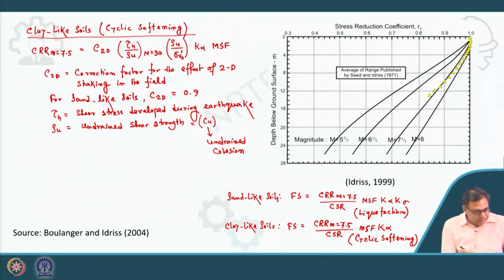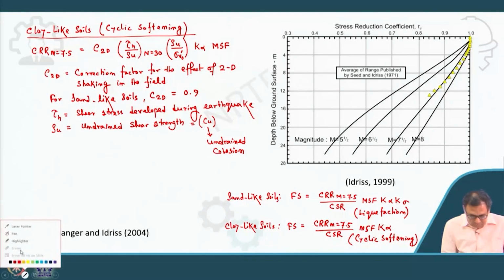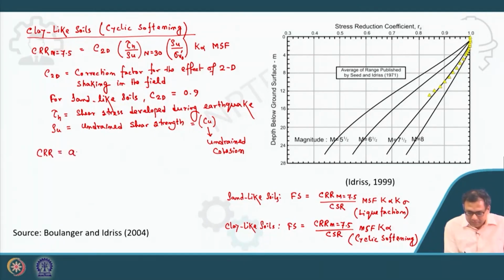It has been observed that this CRR value can be correlated by A to the power n and b, where n is the number of uniform stress cycles.